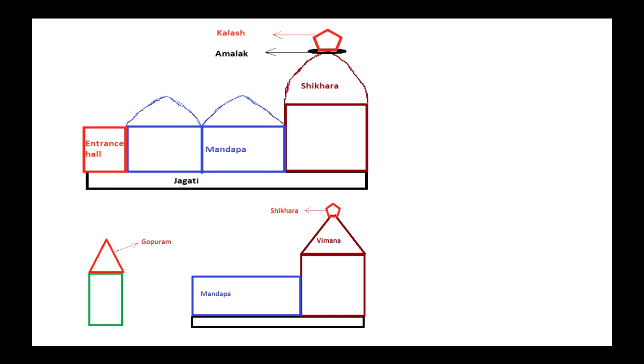Instead of Sikhar, we call it Viman in Dravidian style temple architecture, and it was in pyramidal shape, not in curved shape. Then on the top of Viman, we found Sikhar, same as Kalas in Nagar style temple architecture.